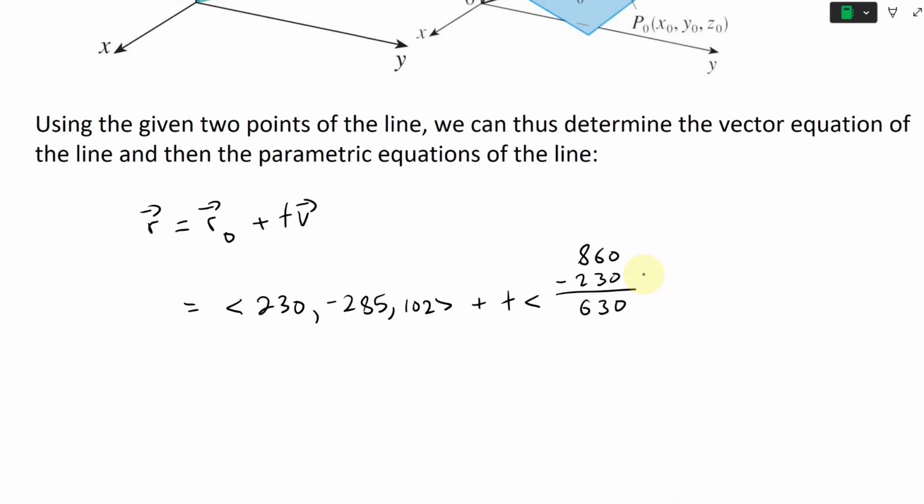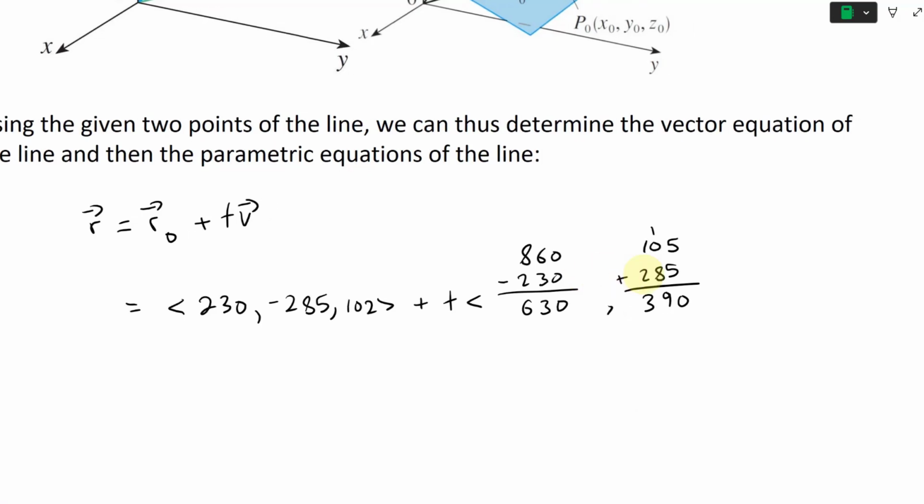So the next one is going to be a comma. Let's do this instead of using a calculator. 105 minus negative 285 is going to be plus, and then add those up: it's 390.